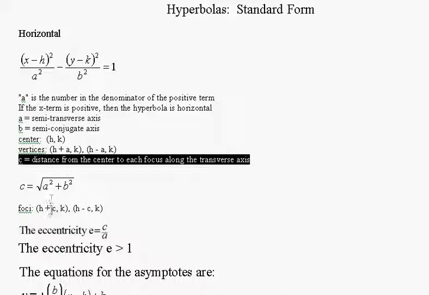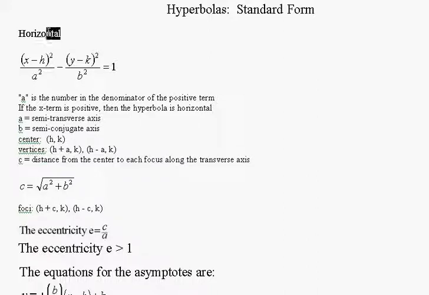To find the 2 foci, well, since this is a horizontal hyperbola and we're going left and right, we're going to add C to the x value of the center and subtract C from the x value of the center. I'm sorry, I meant the center, not the vertex. So HK is my center. It's going to be H plus C, and then it's going to be H minus C from the center, and the y value of the center is not going to change.